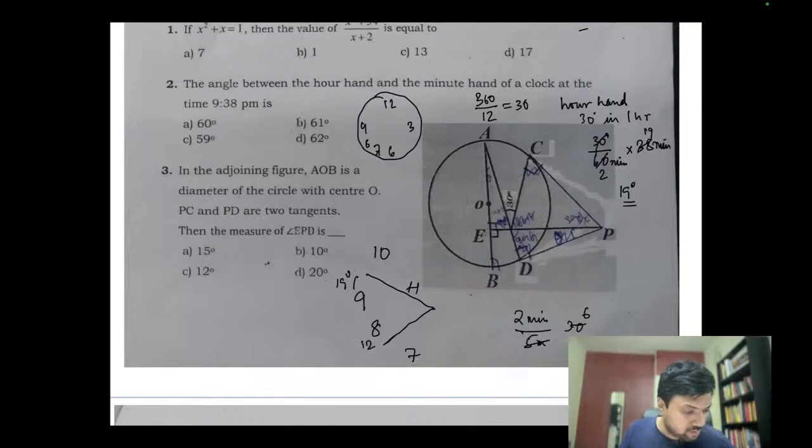Is there any other comment here? Correct. So all right, you can just calculate now what the answer is. According to me, the answer is 19 plus 12 plus 30, which is 61.